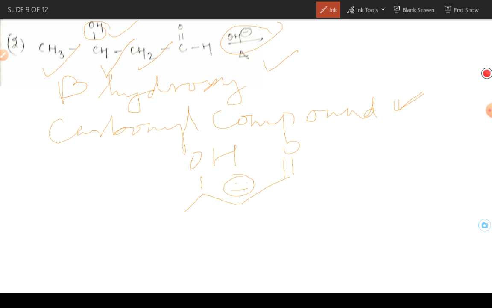Here we can see a minus M effect, and it is very stabilized. After this, the OH minus will be removed. How is the beta hydrogen removed? By the action of the base on the beta hydrogen. You can see this is the alpha hydrogen, while this will be the beta hydrogen.